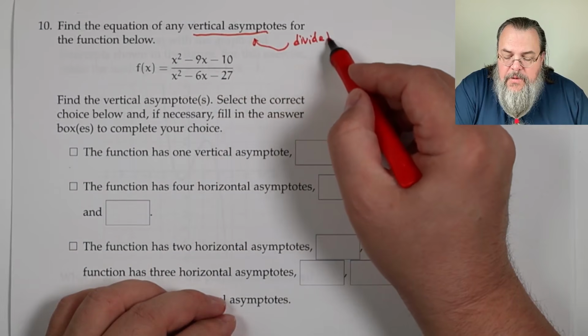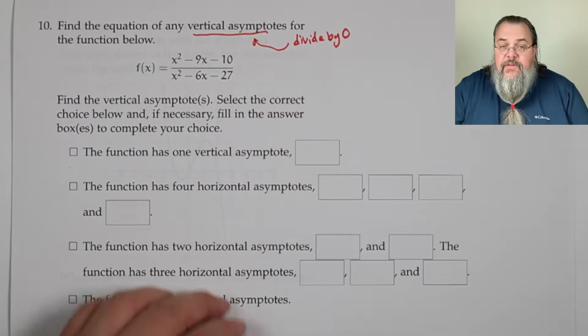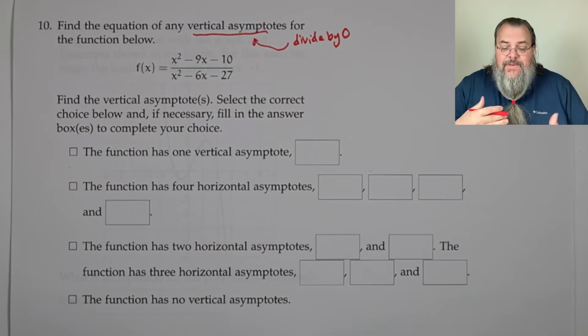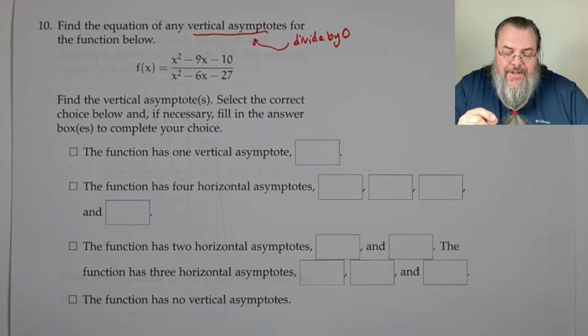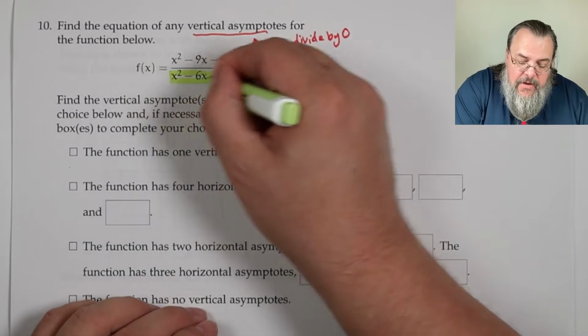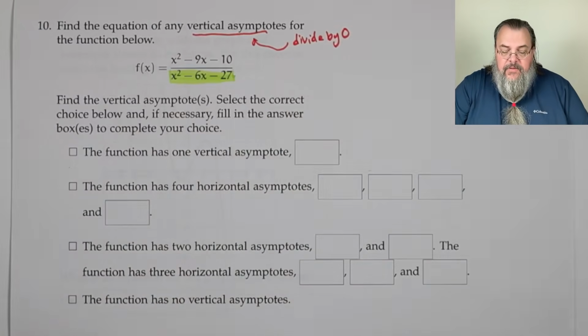So if we're thinking that there's a vertical asymptote, what really is happening is there's some kind of division by 0 going on. So where we look is the denominator. Let's focus on that.